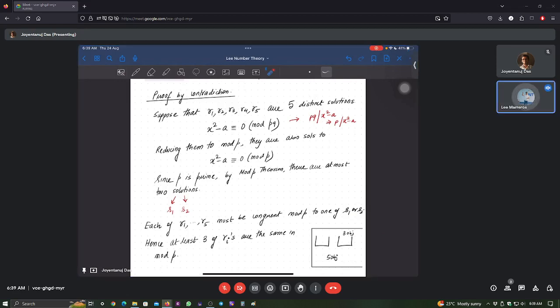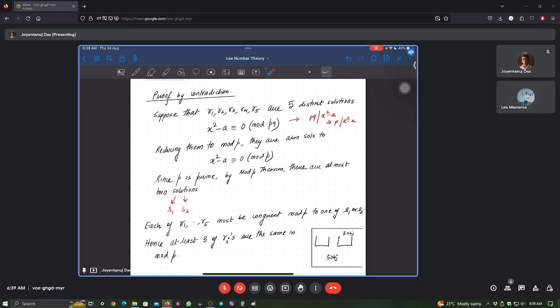I mean, why did you say 2 and 3? You separated between 2 and 3 by the pigeonhole principle. No, we are not separating into 2 and 3. I am saying that at least 3 of them will be the same, either S1 or S2.